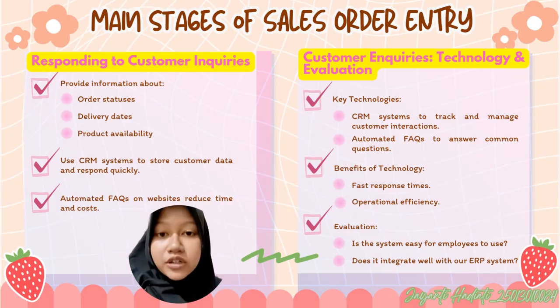Companies also use automated frequently asked questions on the website. This helps answer common questions instantly without requiring human interaction. As a result, response times become faster, operational costs are reduced, and employees can focus on more complex customer issues.